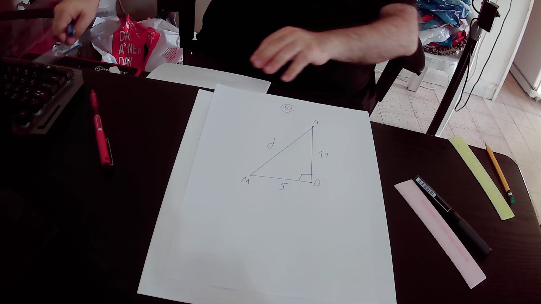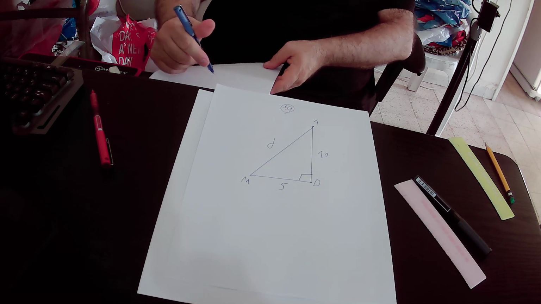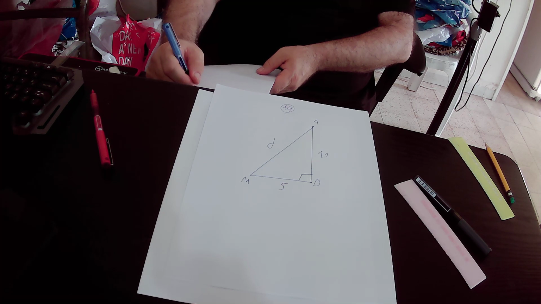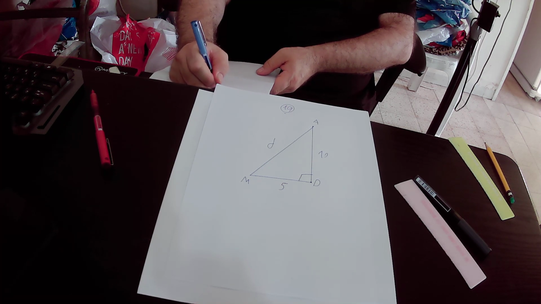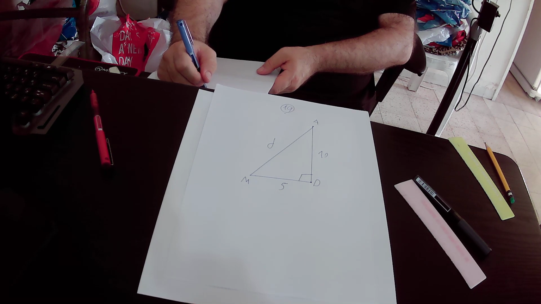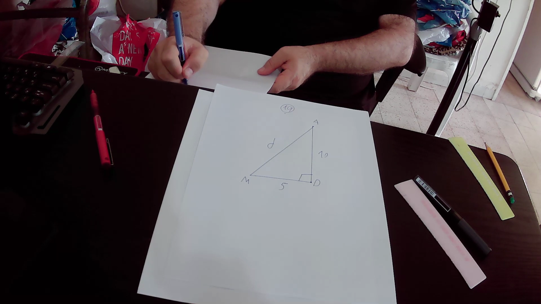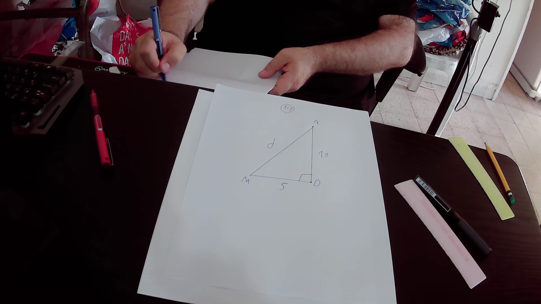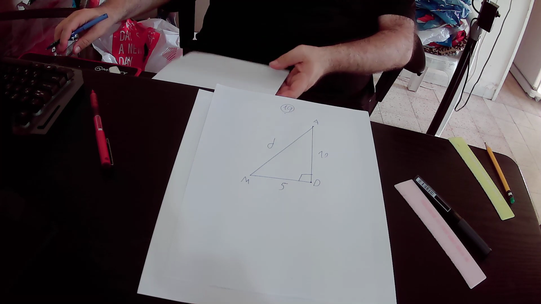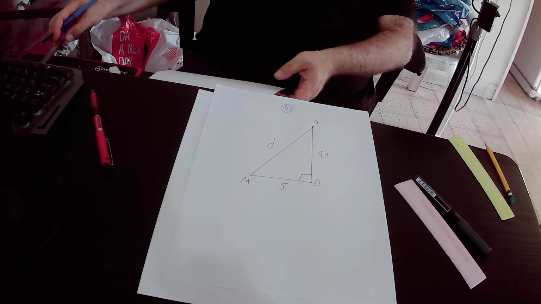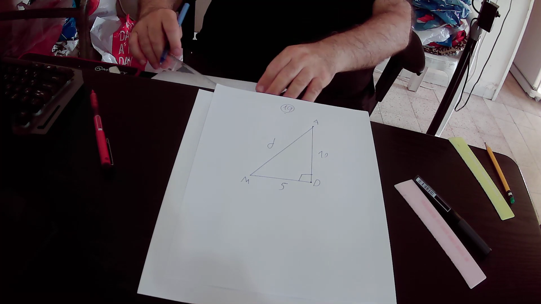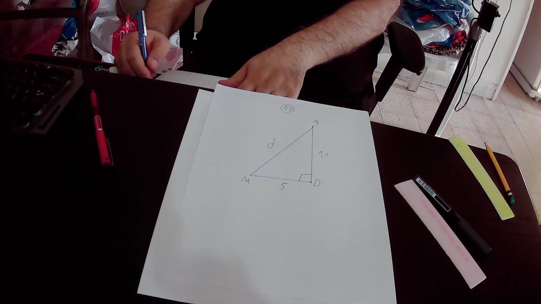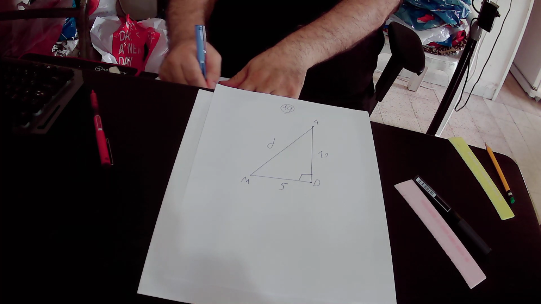The Pythagorean theorem is correct only on right triangles. In order to apply it, it must be a right triangle.